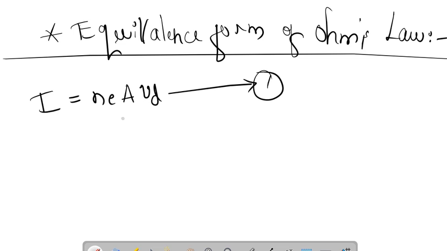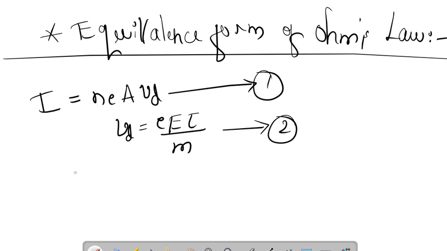We can also write vd as E tau divided by m. So substitute equation number 2 in equation number 1.